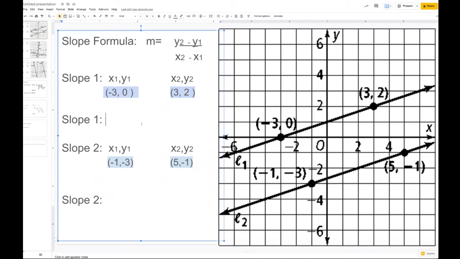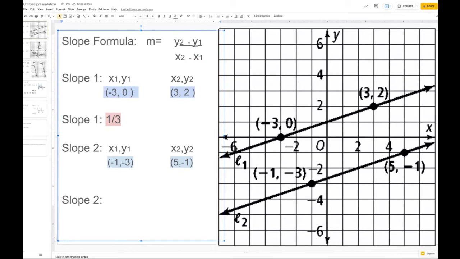Okay, just in case you are confused, the answer you should be getting is 1/3. Okay. And I'll just put a red marker on that one.